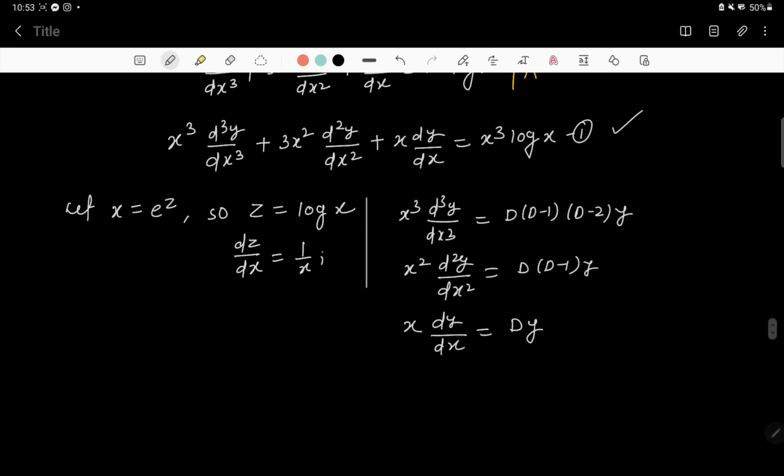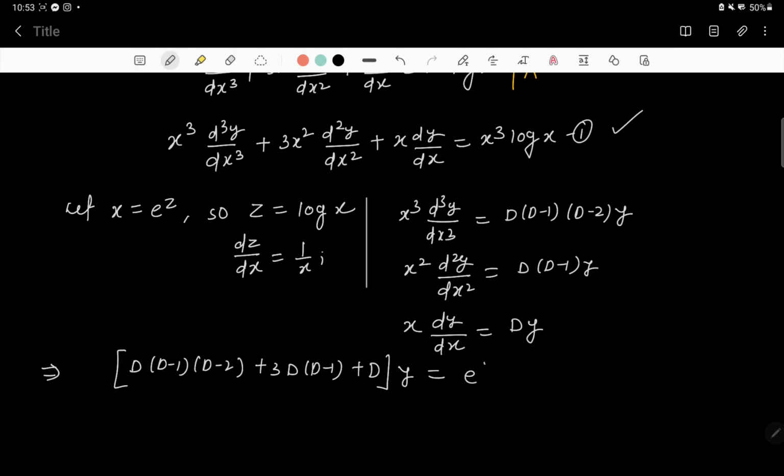So putting all these values in relation 1, we get [D(D minus 1)(D minus 2) plus 3D(D minus 1) plus D] of y is equal to x cube.